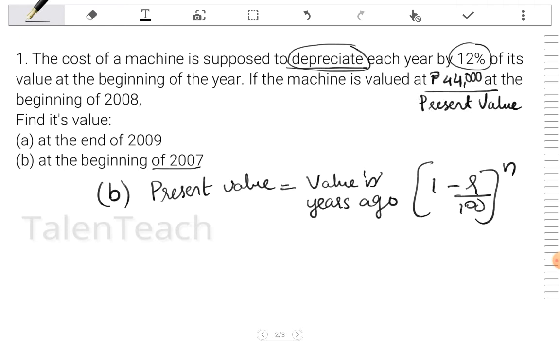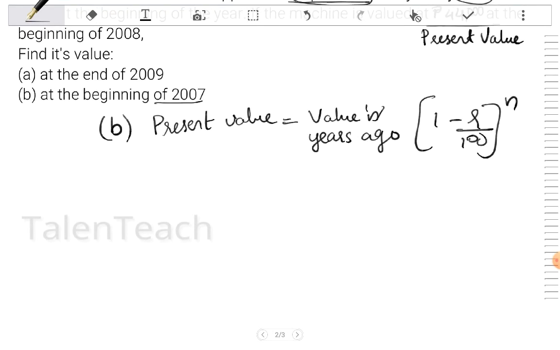we have an equation known as present value is equal to value n years ago into (1 minus r by 100) the whole raised to n. So here we have the present value and we have to find the value n years ago. So first we can substitute the values and then we can change the equation.